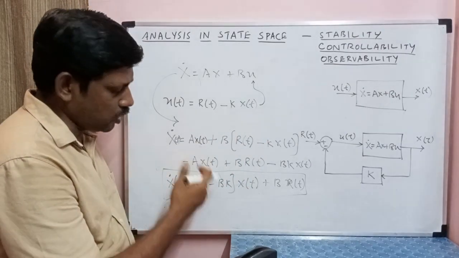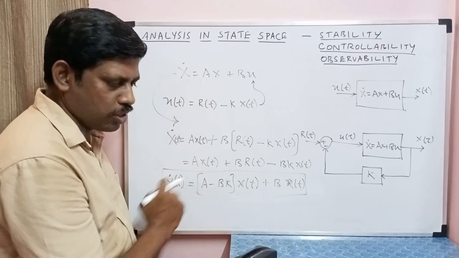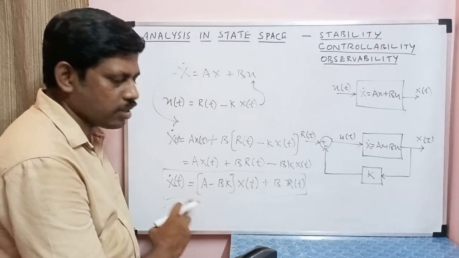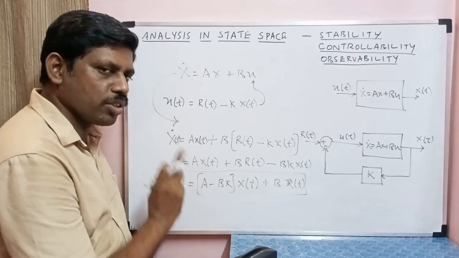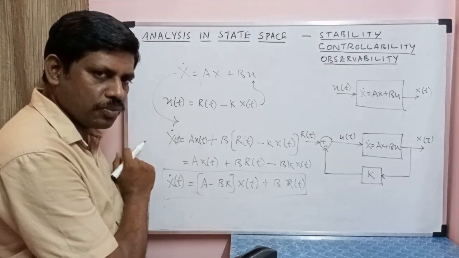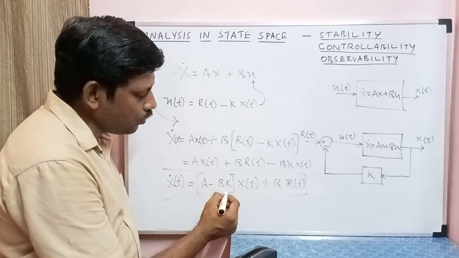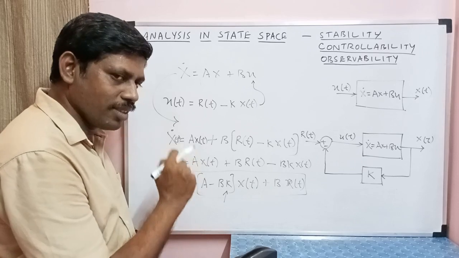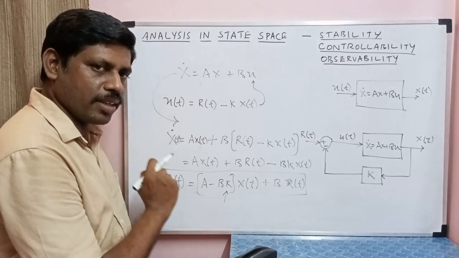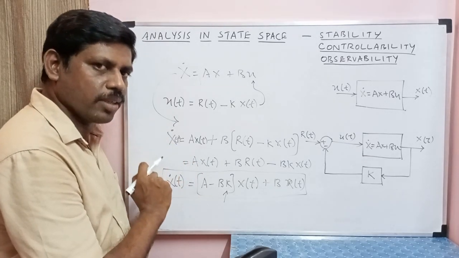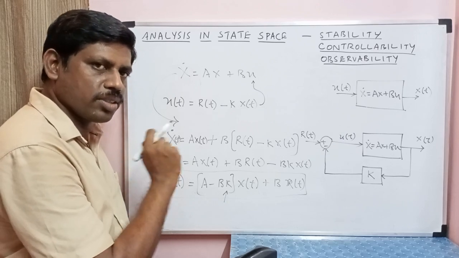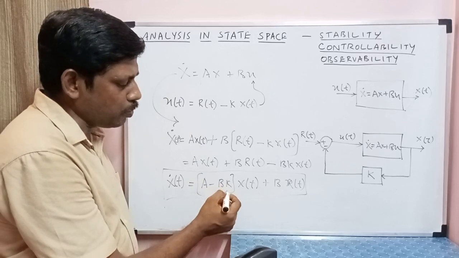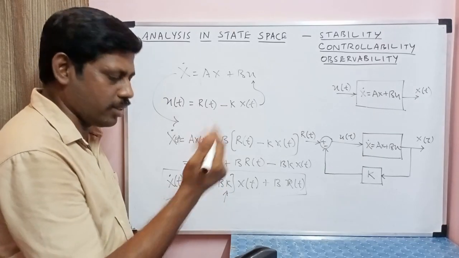So what is the advantage of changing the system matrix from A to A minus BK? This becomes the new state matrix, and it will give me an entirely new set of eigenvalues, and if K is appropriately chosen, then I can get the desired eigenvalues. Whatever eigenvalues I decide, so that the system is stable and the performance is better than the previous system, I can choose an appropriate value of K and get them.